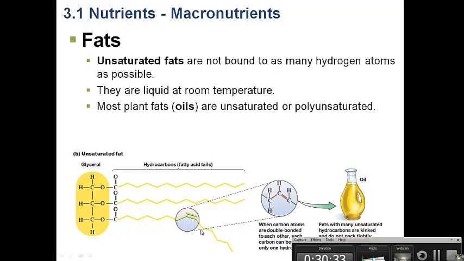And so this means that these fats cannot get as close to one another as could the saturated fats, and they're typically liquid at room temperature as a result of that. Most plant fats are typically unsaturated, and they're typically liquid at room temperature. If you think about vegetable oil or corn oil, both of those are fats that are liquid at room temperature, and they both come from plants.